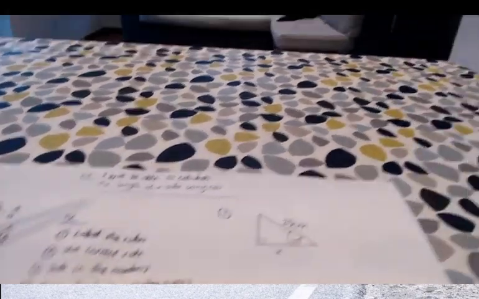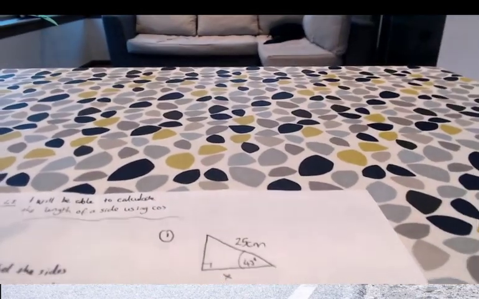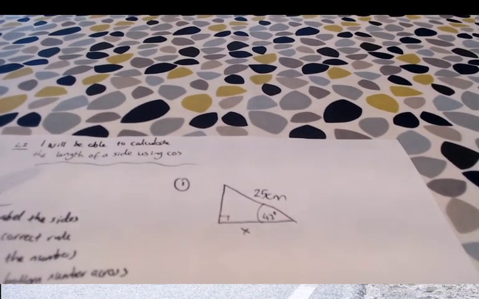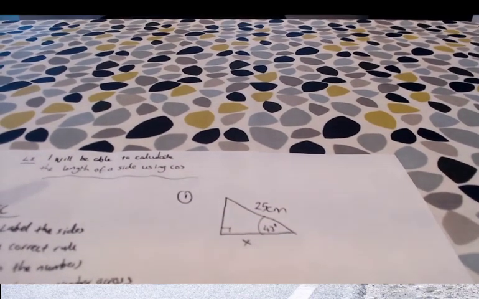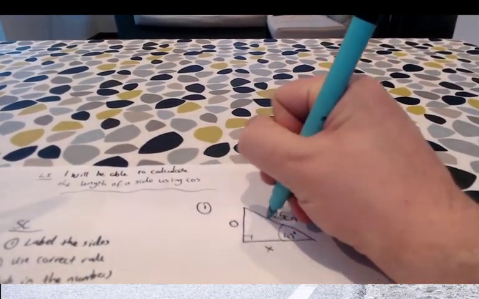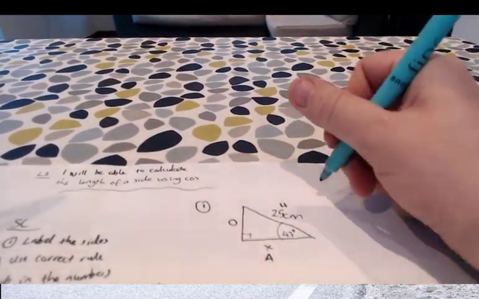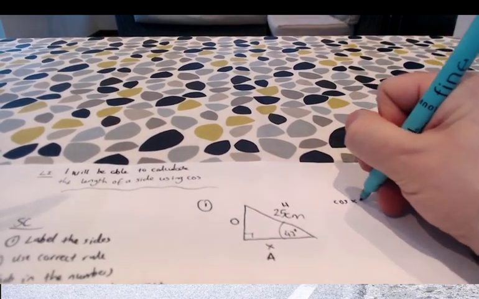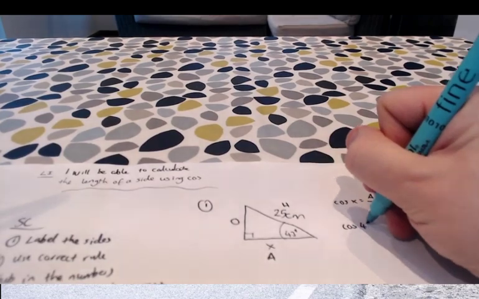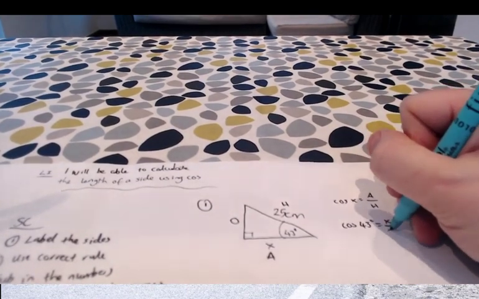Right, time for you to practice. So, question 1. Hit pause, give it a go. Right, start by labelling the sides. Opposite, hypotenuse, adjacent. Write down the rule. Cos x equals a over h. Fill in the numbers. Cos 43 degrees will equal x over 25.